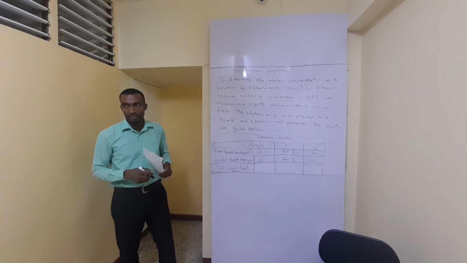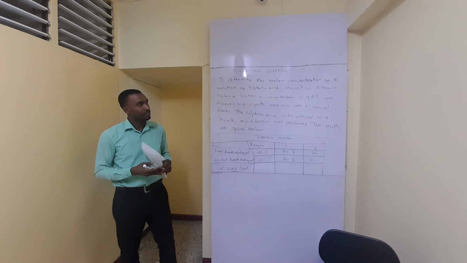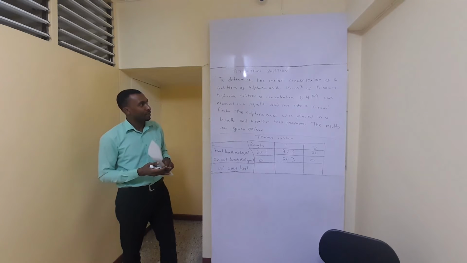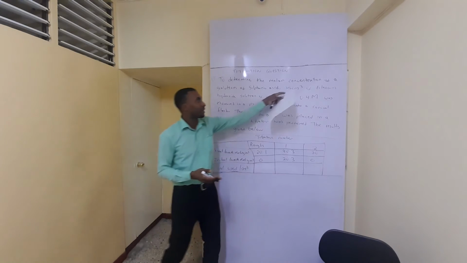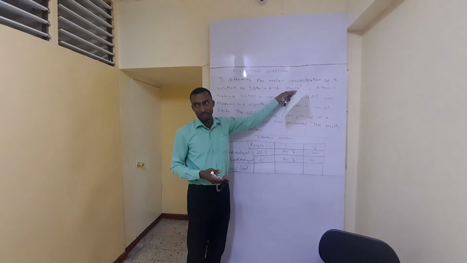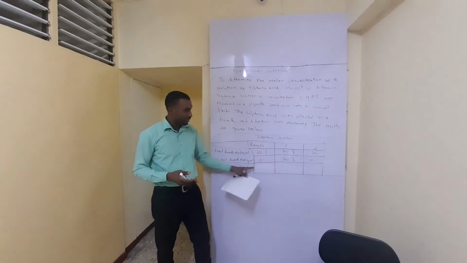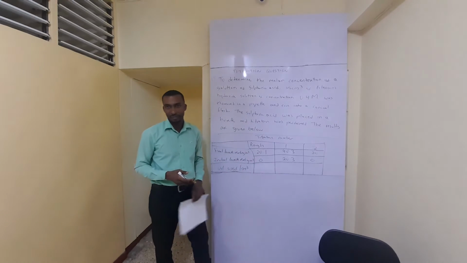And the potassium hydroxide, we know the volume and the concentration. The concentration is 0.4 moles per dm³, because of the capital M in molar concentration. And the volume of the potassium hydroxide? Yeah, 25 cm³. So what's the volume of the acid? That's what we're going to determine from this table here.